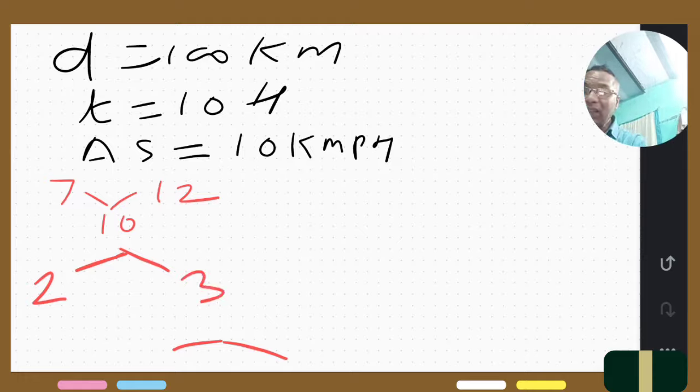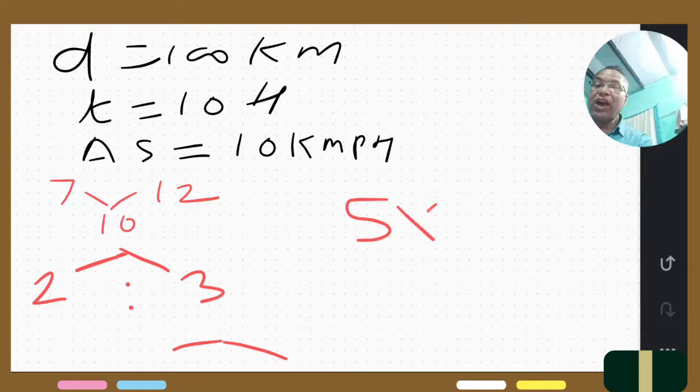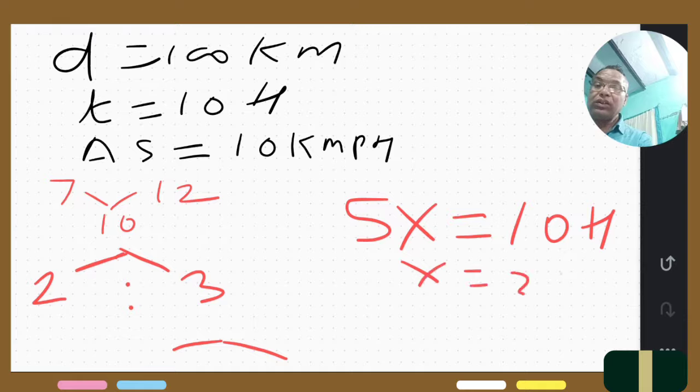So this is the ratio of time, 2:3, means total time units are 2 plus 3, 5 units. 5 units are equal to 10 hours. So 1 unit is equal to 2 hours.